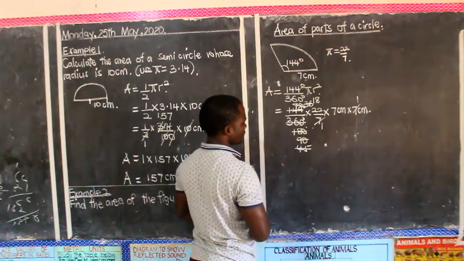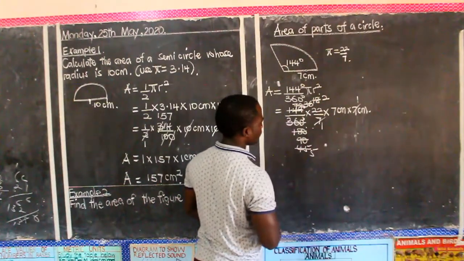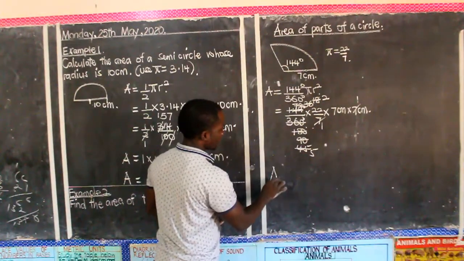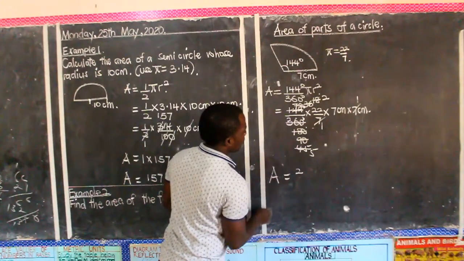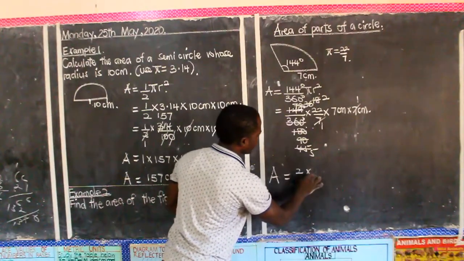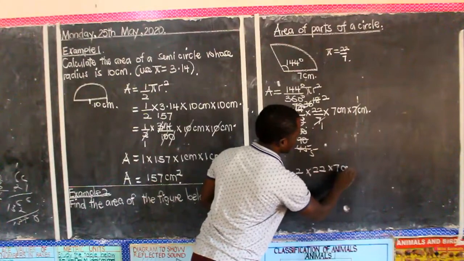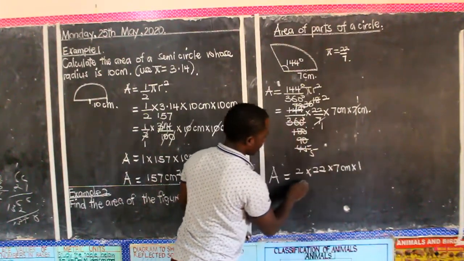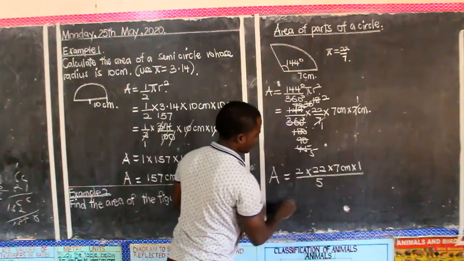By 9, 5. By 9, 2. So we shall have our area equaling 2 times 22 times 7 centimeters times 1 out of 5.